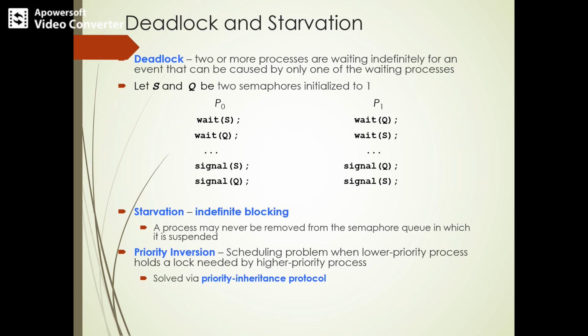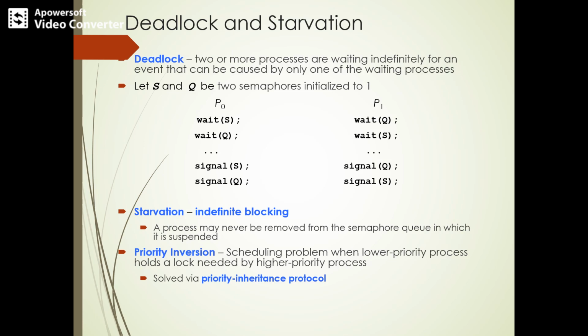Consider two semaphores S and Q, and a system of two processes P0 and P1, each accessing semaphores S and Q. P0 executes wait of S and then P1 executes wait of Q. When P0 executes wait of Q, it must wait until P1 executes signal of Q. Similarly, when P1 executes wait of S, it must wait until P0 executes signal of S. Since these signal operations cannot be executed, P0 and P1 are in a deadlock state.